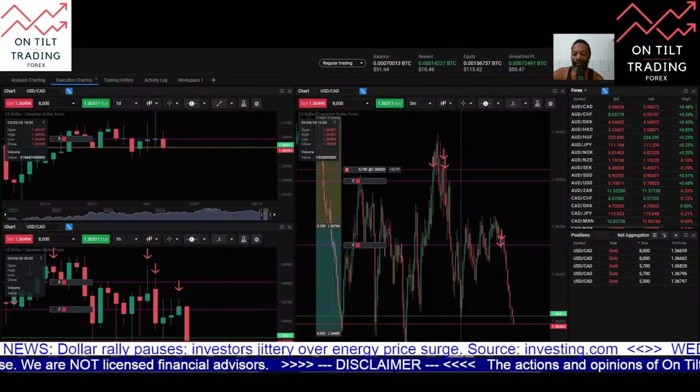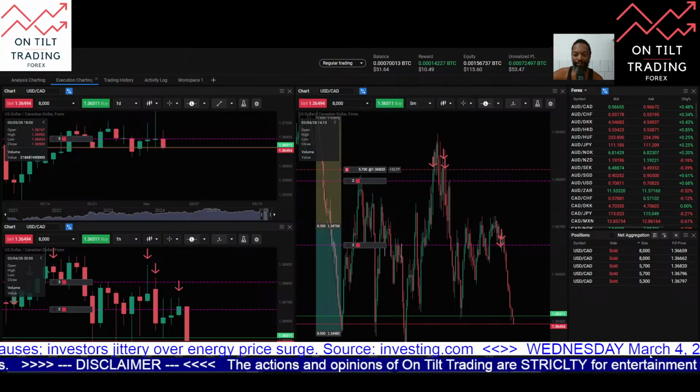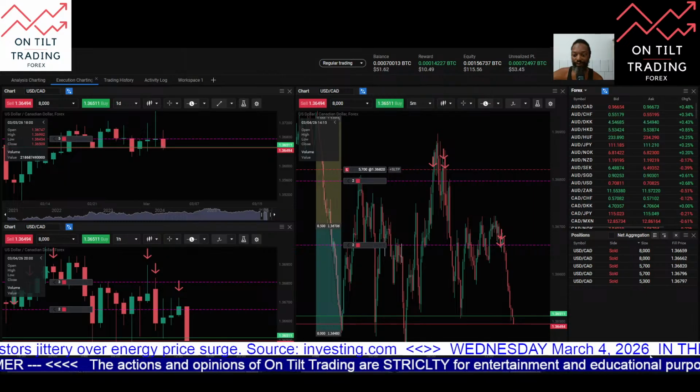So just a few ticks away from take profit if price will deliver just a little bit lower here.